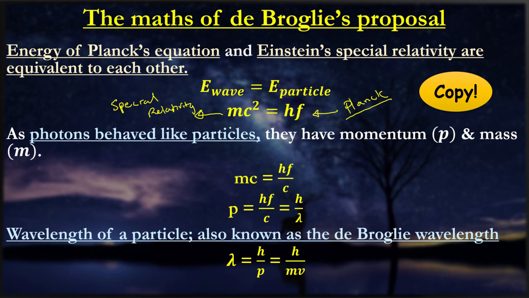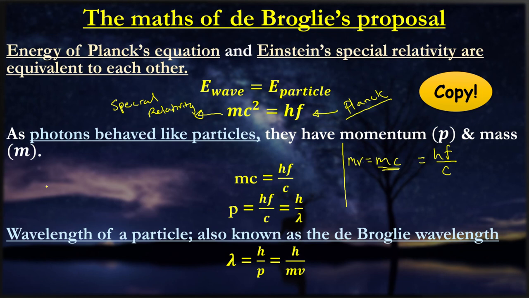Now I just want to move one of the c's over to the other side. It's the same working out here, but I'll explain as we go. If I move one of the c's over, it would be hf over c. This c, remember, is velocity, so I can rewrite it as mv.